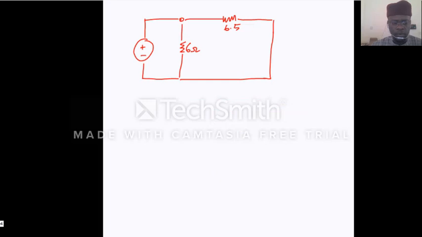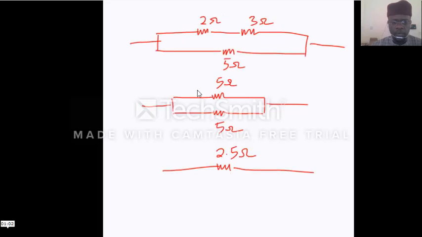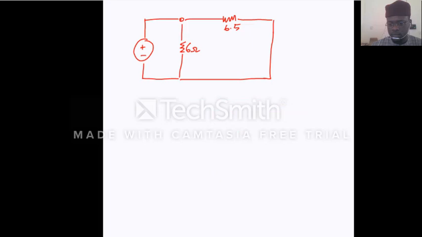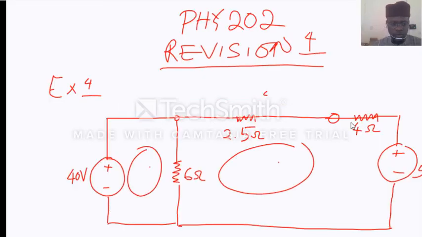So the total resistance is going to be 2.5 ohm. You can now remove the loop in the upper part and replace it with this 2.5 ohm. And now the circuit is going to change to this.